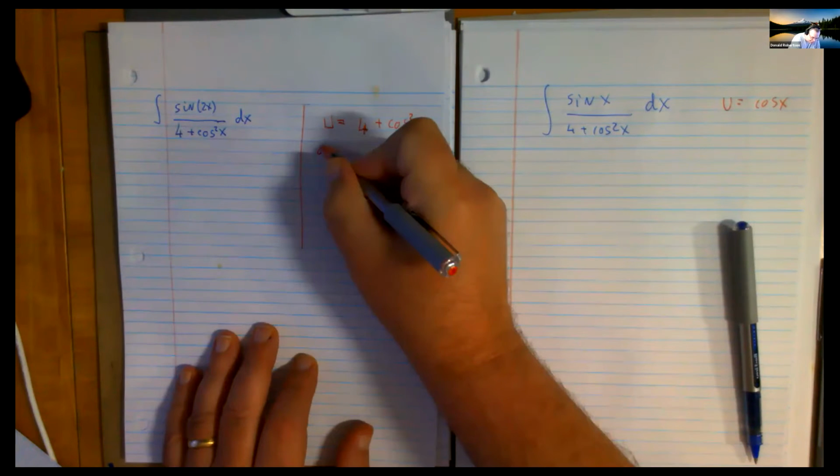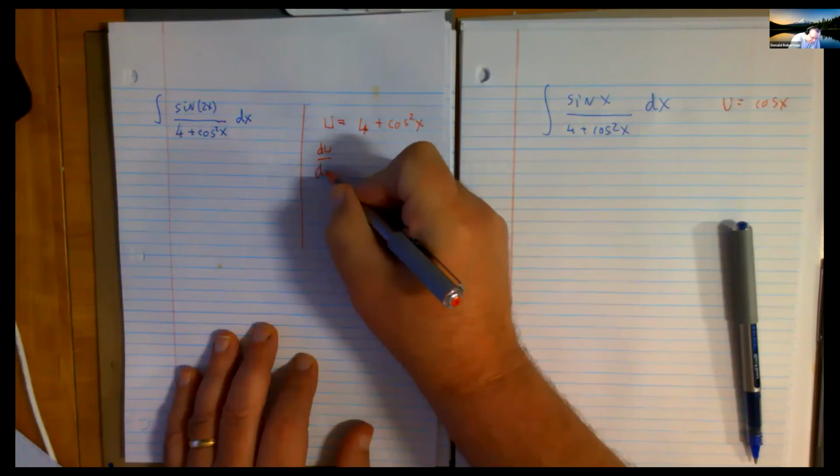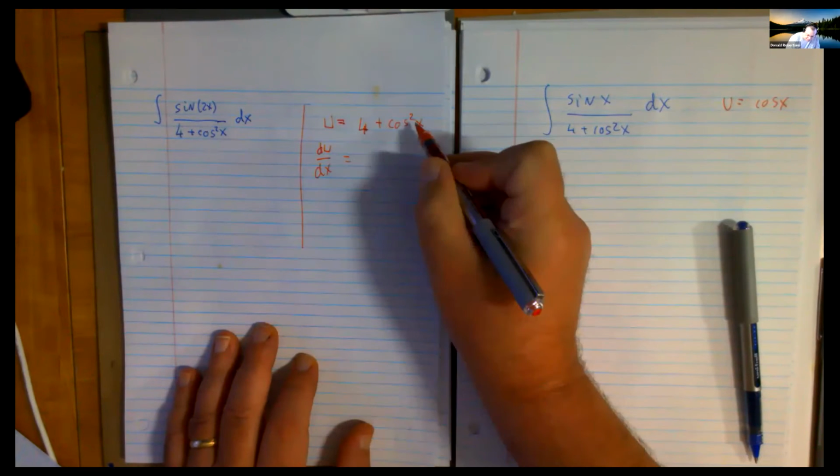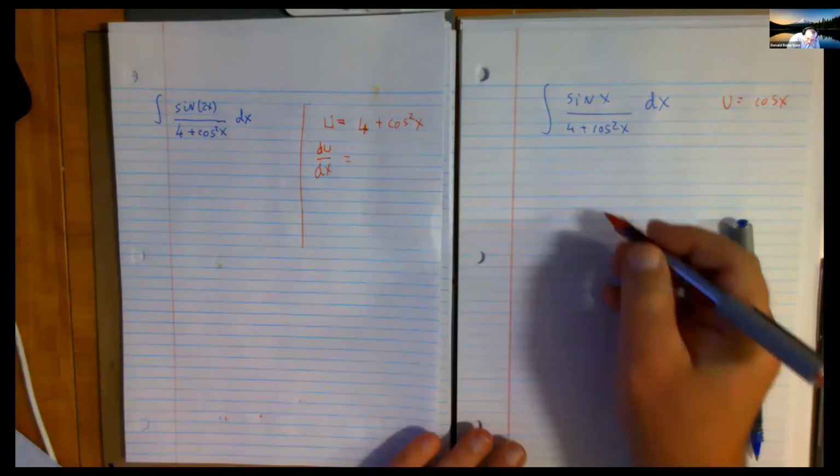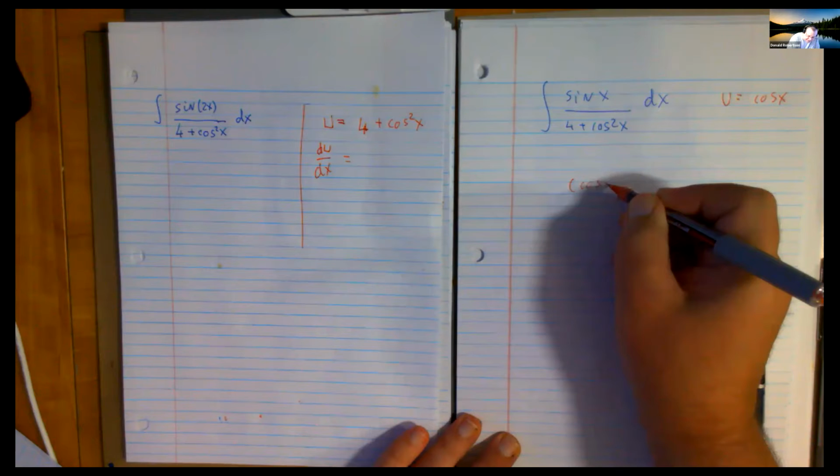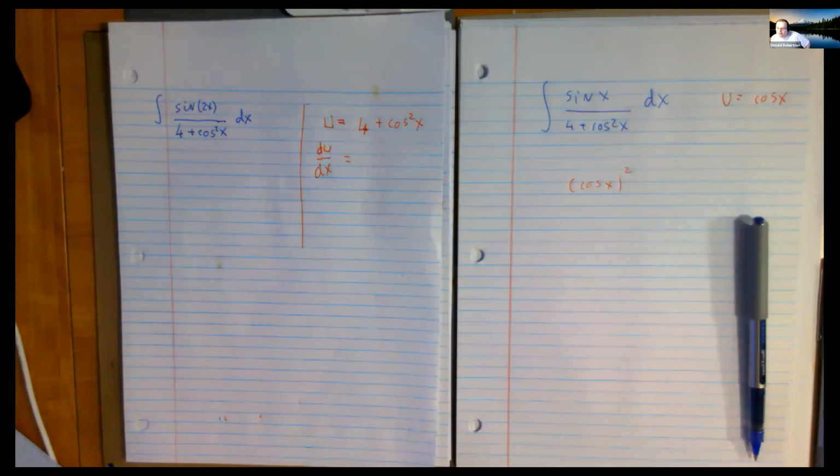So if you differentiate with respect to x, cos squared. If I write cos squared like that, will that help you get its derivative? Because it's really a chain rule.